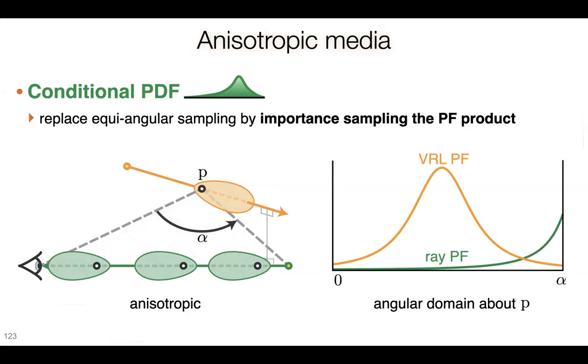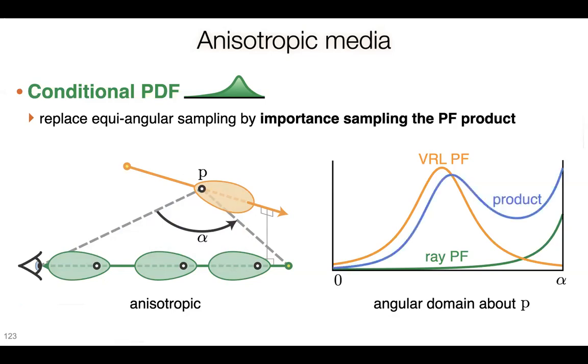But that could be inefficient, which we have seen when we were studying multiple importance sampling, where the idea is the same. Either you perform importance sampling with respect to the BSDF, or with respect to the light source, because there are regions which benefit from each of these samplings.